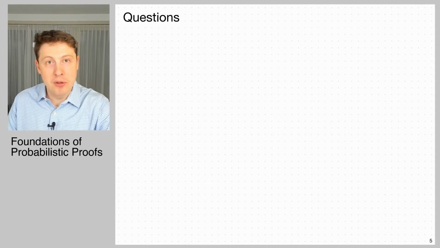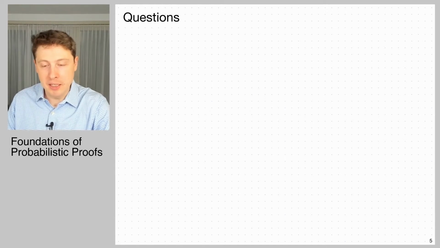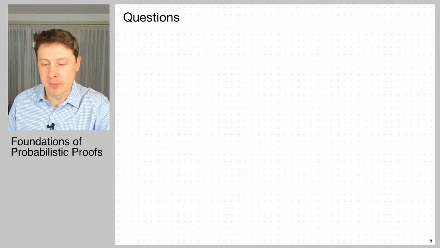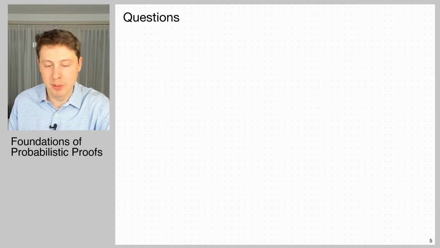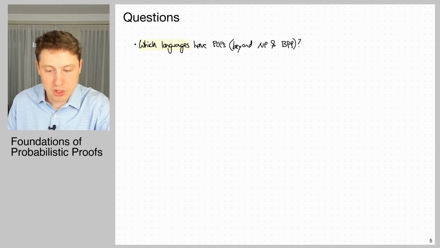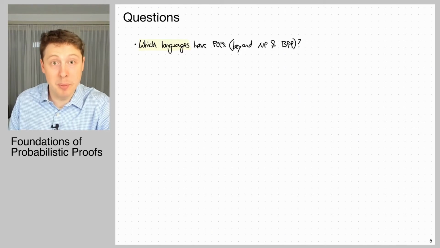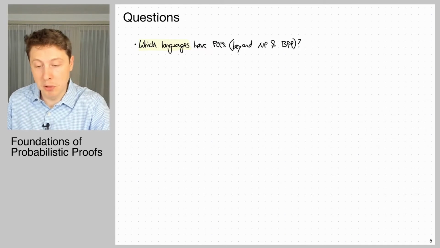Now that we have gone through one cycle of studying carefully interactive proofs, we already have a battery of questions that we could be asking to probe this new model. We could ask, which languages have PCPs, beyond NP and BPP, which we have established are both special cases.